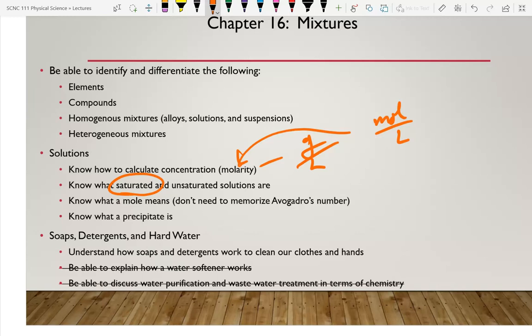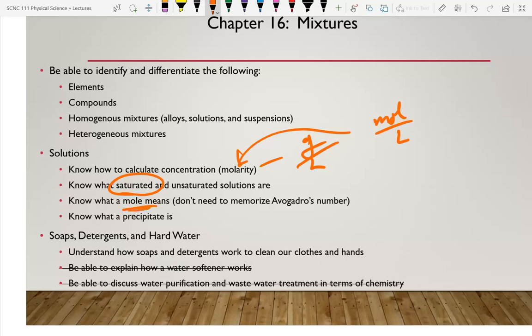If you just put the whole bottle of powder in your test tube, you might have some dissolve, but you'll definitely have some that doesn't dissolve. If you have some that didn't dissolve and some that dissolved, and it's in equilibrium, that means it's not still slowly dissolving, then you have a saturated solution. As much as can be dissolved is dissolved. Unsaturated means if I put more in, it would also be dissolved. And that depends on concentration, right? So saturated, it's as concentrated as it can possibly be made.